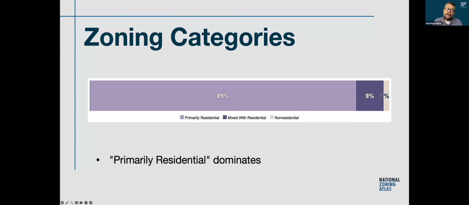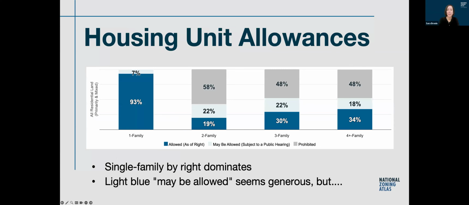And so with that, I'll hand it over to Sarah to walk us through some of the statewide findings on residential development. Thanks, Matthew. So one thing to know is that in addition to the map that Melissa showed and the toggles that you can use, we produce these snapshots, and she's going to show us those in a bigger context.